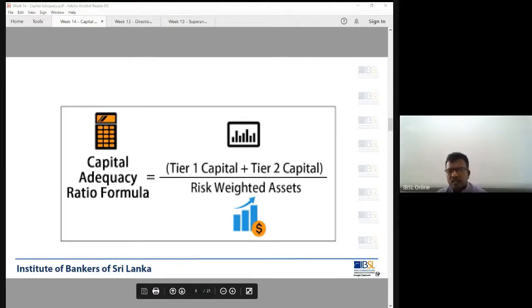Name the regulator and its role for unit trusts. Okay. Name and what do they do?